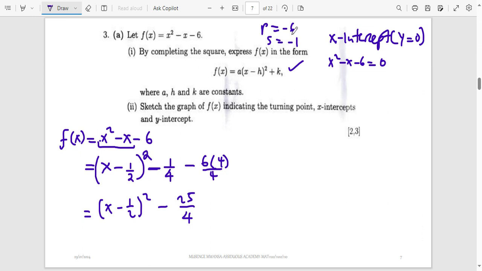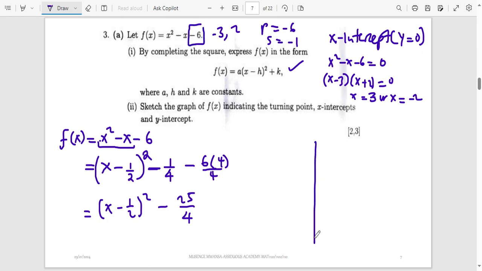Two numbers to multiply, you get negative 6. You add, you get negative 1. Should be a 3 and a 2, but the bigger number should be negative. So if we factorize, we're going to have x minus 3, then x plus 2. That will be equal to 0. And x is going to be equal to positive 3, and x is going to be equal to negative 2. The y-intercept is always this constant we see here.